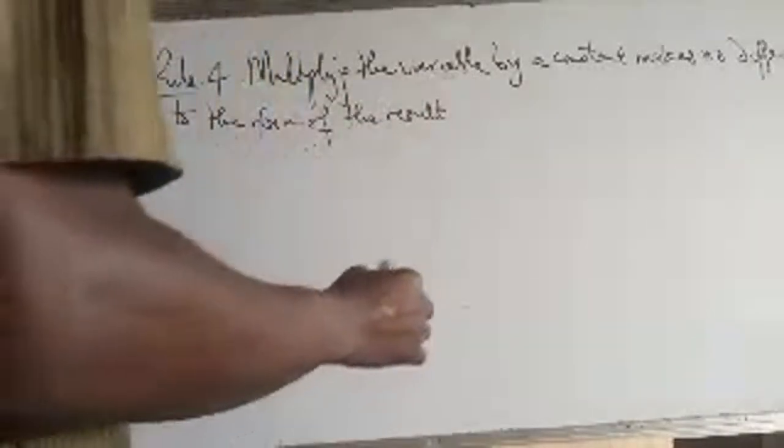What does rule 4 say? Multiplying the variable by a constant makes no difference to the form of the result, but we have to divide by the constant.